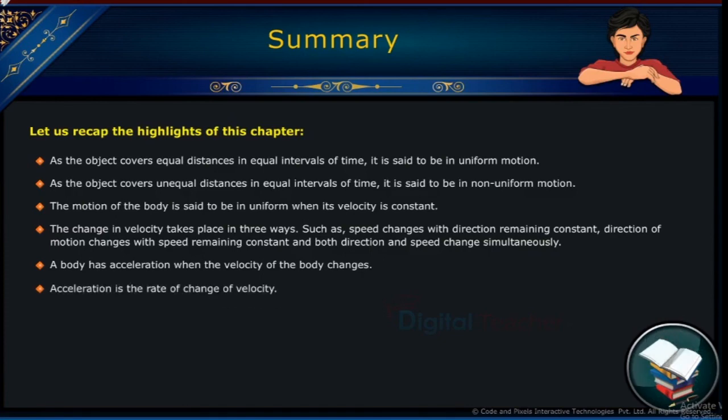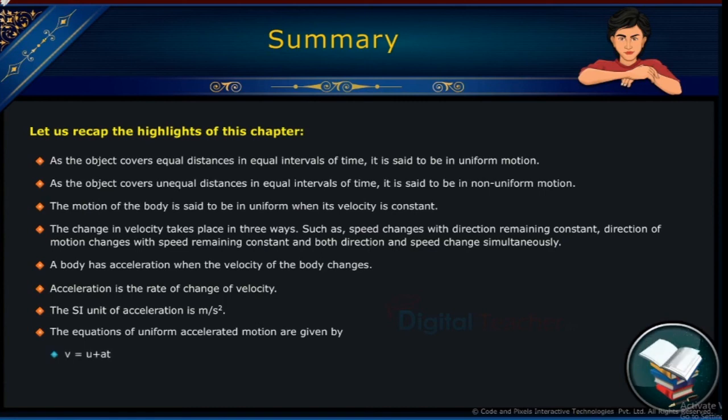Acceleration is the rate of change of velocity. The SI unit of acceleration is meters per second square. The equations of uniform accelerated motion are given by v equal to u plus at, s equal to ut plus half at square, v square minus u square equal to 2as.